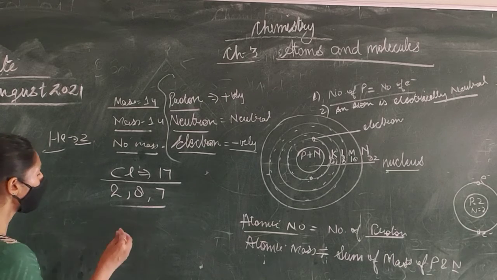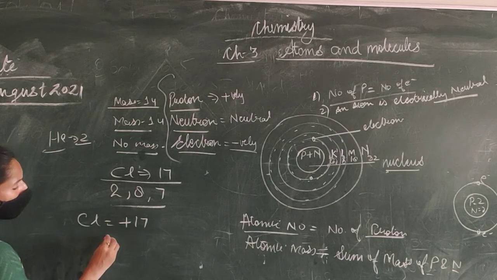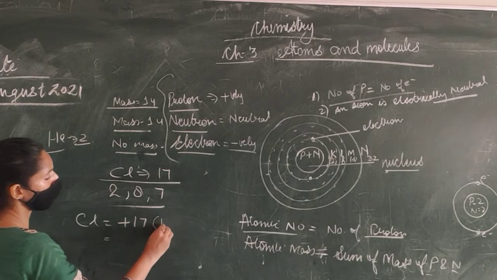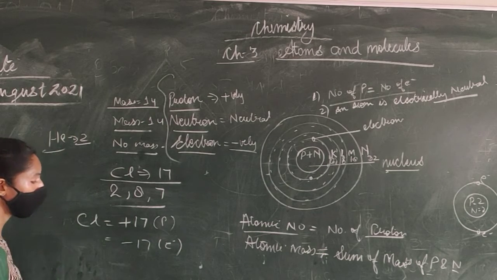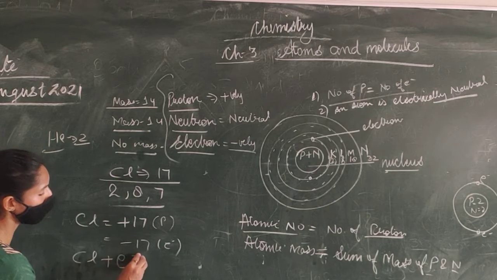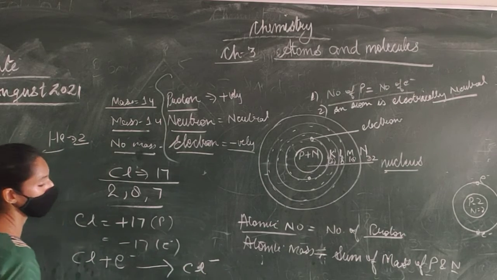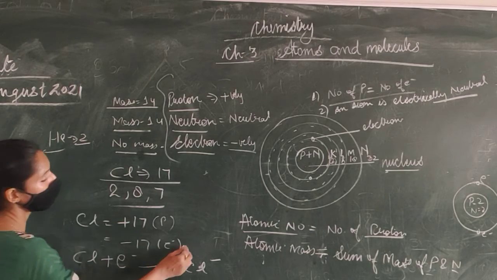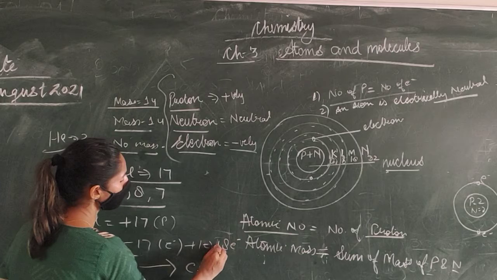Now, if you look at fluorine, it was having plus 17 charge with the protons, and electrons were minus 17. Okay, so when fluorine gains 1 electron from somewhere, it will become a fluorine negative ion. Why? Because 1 electron was added and it becomes 18 electrons, minus charge.